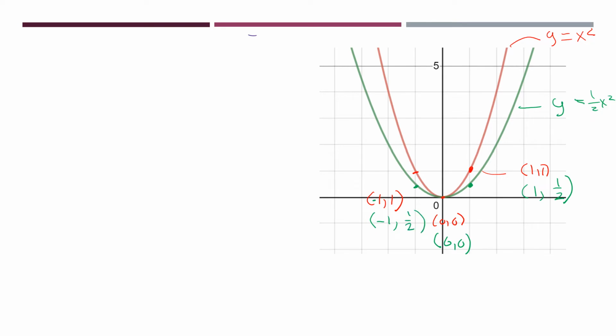So what I want you to notice is that when we have a number in front of the x squared, when we're transforming the parent, what we're doing is we are multiplying the y value by whatever that is. So if we have y equals ax squared, we're going to multiply our y value from the parent by a. And that's just the y value.